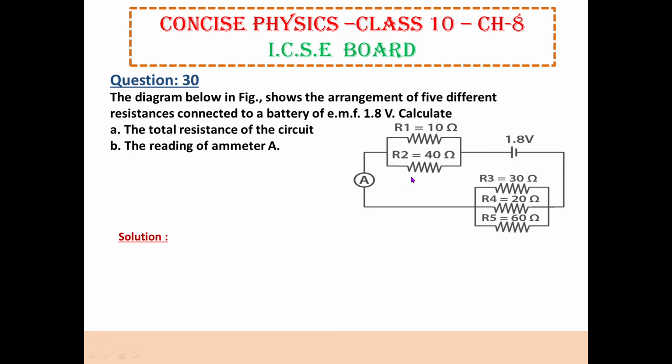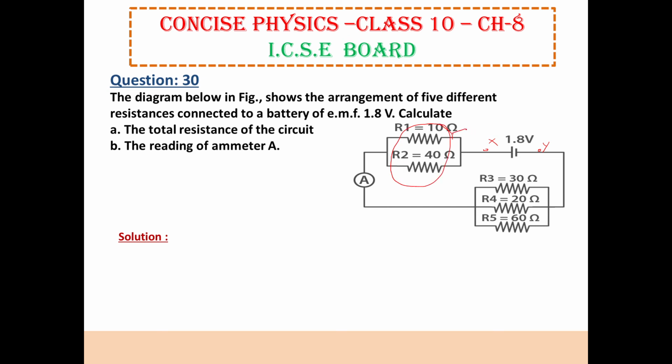To find out the total resistance of the circuit, we have to always consider the points of the battery from where the current flows. So these are the two points X and Y. We have to find out the voltage across these points. If I start from here, we see that these two resistors are connected in parallel.